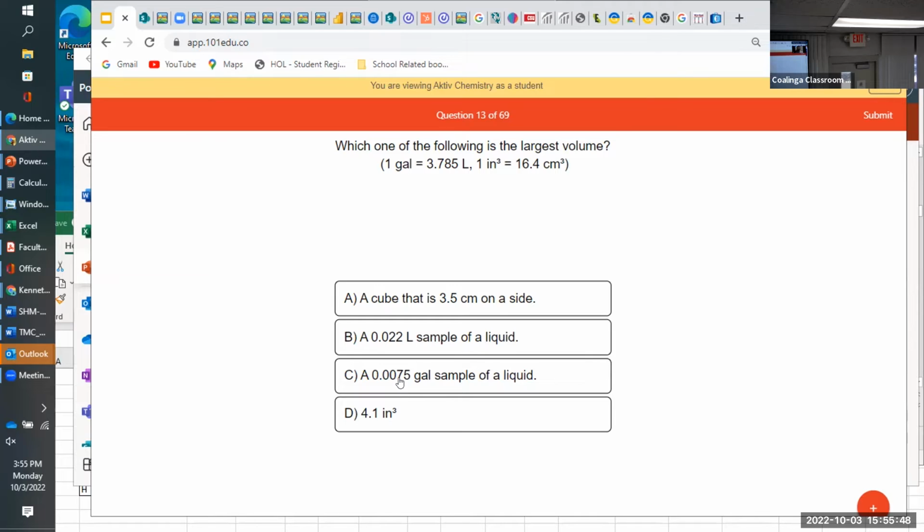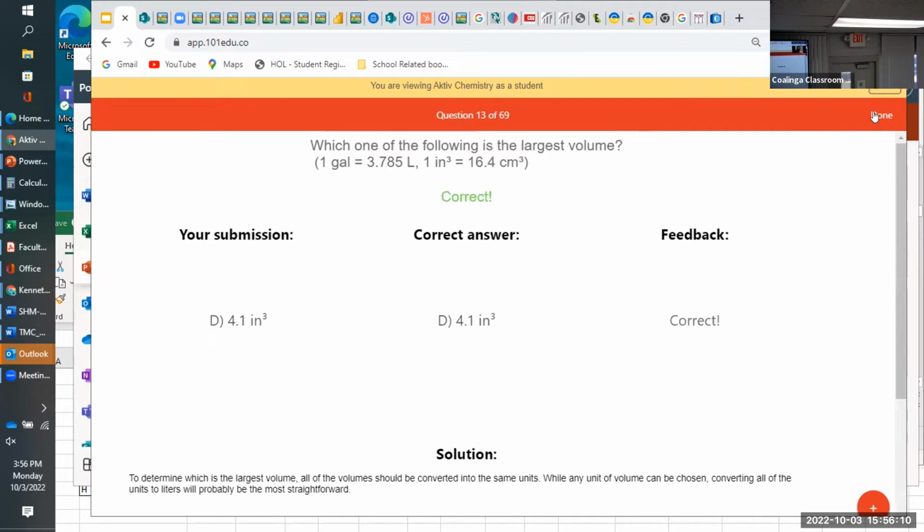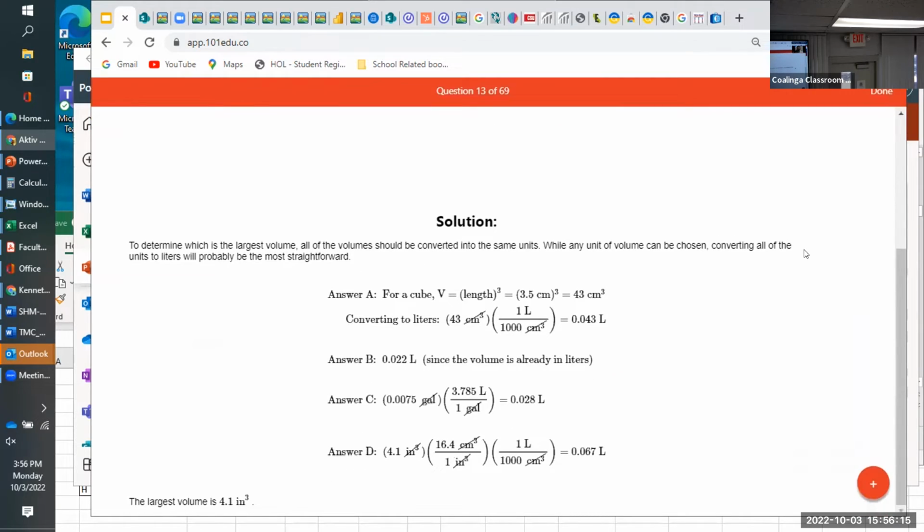I have three that are D. Okay, so shall we select D?